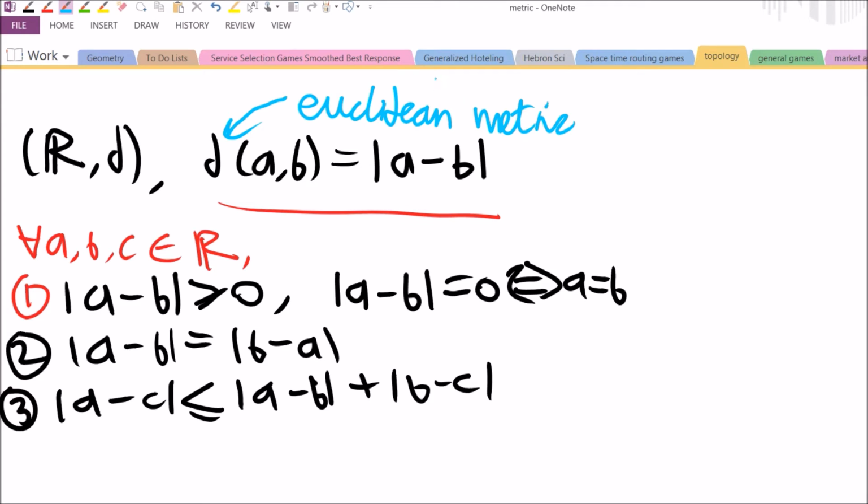You see, what we're going to do in this lecture is relate all these ideas of metrics to all the older ideas of open sets and closed sets and topology. And so you can see how metrics give rise to topologies. And in fact, the Euclidean metric gives rise to the Euclidean topology on the real line. So this is a very important example. And that's why I suggest you go through it and make sure you understand why this is a metric space.